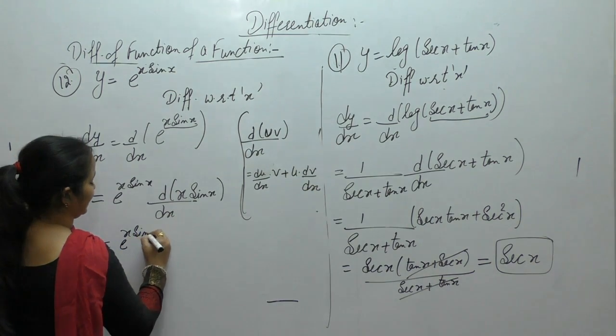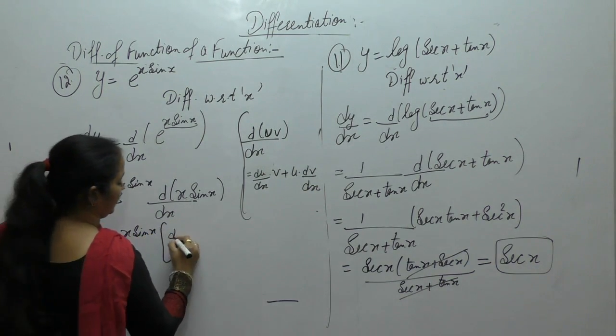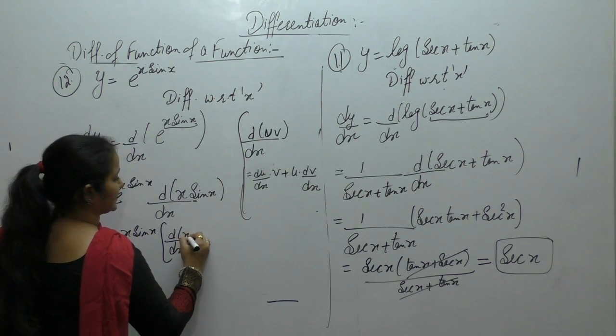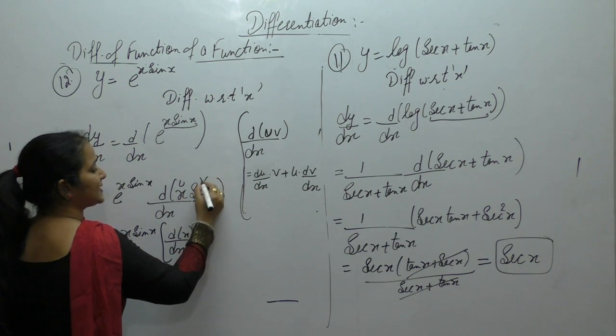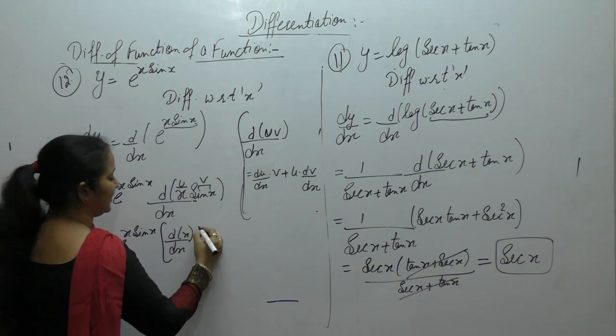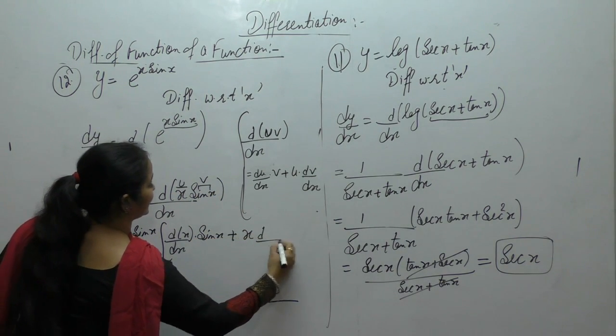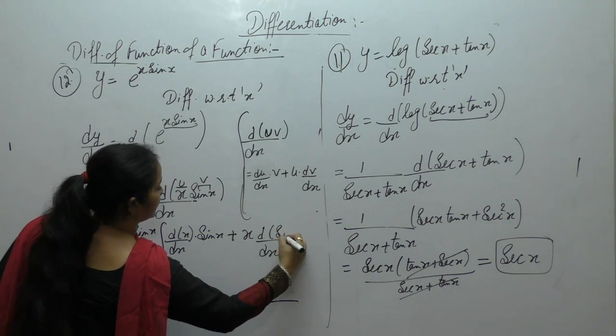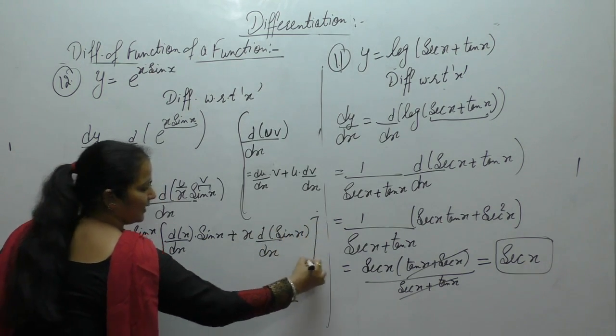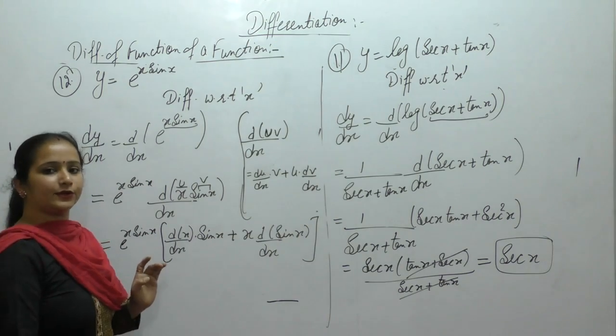E x sin x. Derivative of the first term is e x. This is u, this is v. Derivative of u times sin x as it is, plus e x as it is times derivative of sin of x. Is it clear to everyone?